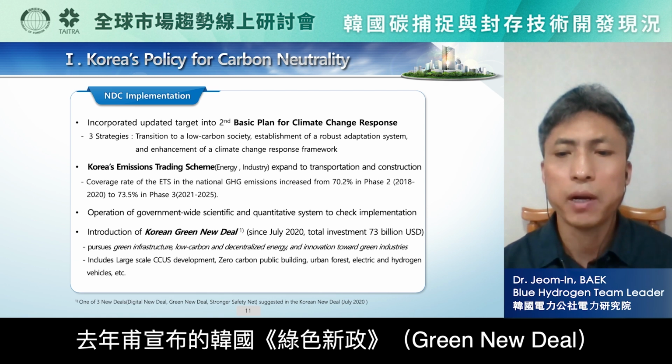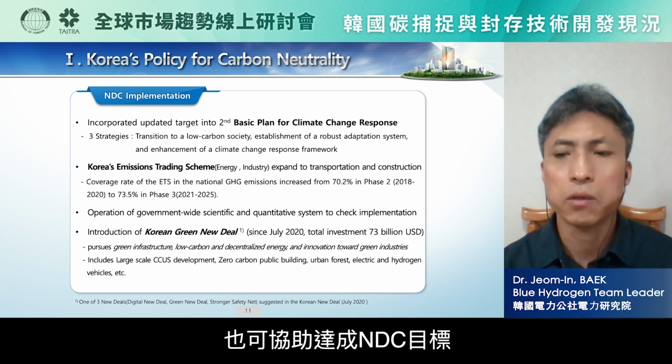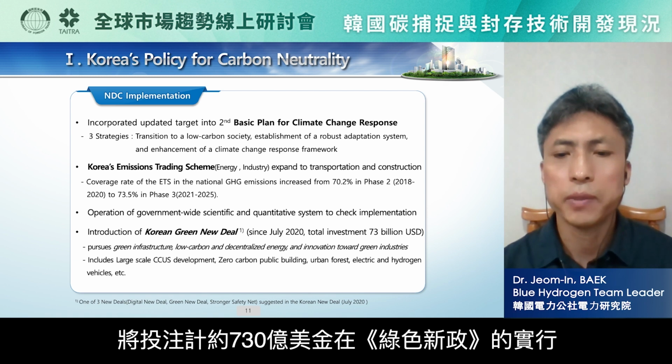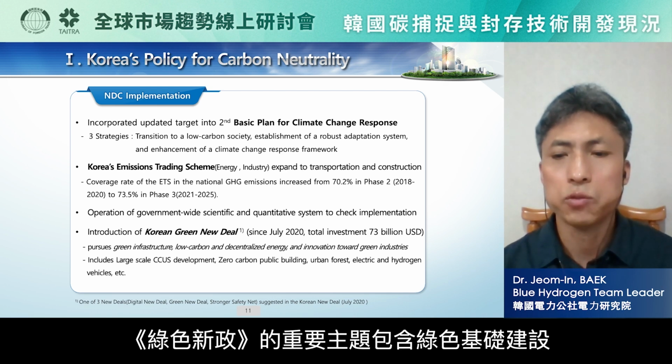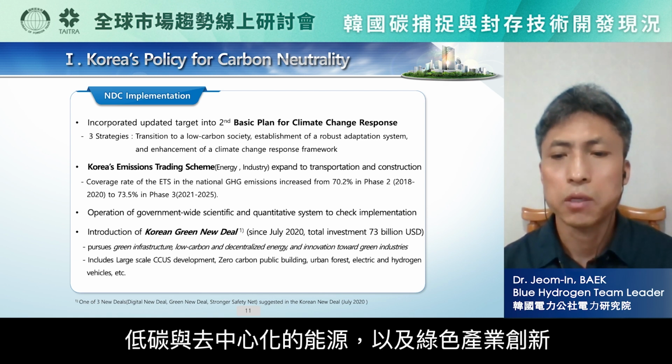Korean Green New Deal policy, announced last year, also supports NDC target achievement. Around $73 billion will be invested to practice the Green New Deal. Main themes of the Green New Deal are green infrastructure, low carbon and decentralized energy, and innovation toward green industries.